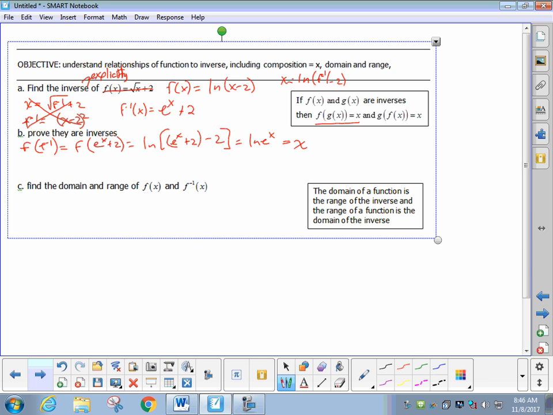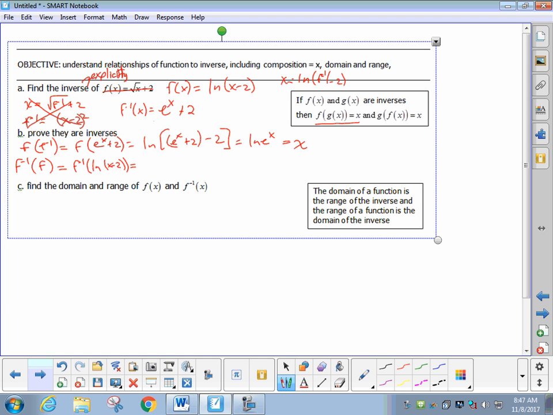Try the other one then, to show that it really has to be invertible both ways. So you need to show that if you put f into f inverse, it also is the case that they undo each other. So into the inverse goes the original function. The original function is log of x minus 2. Now I put that into the inverse.